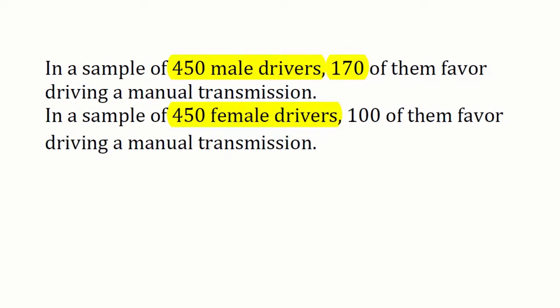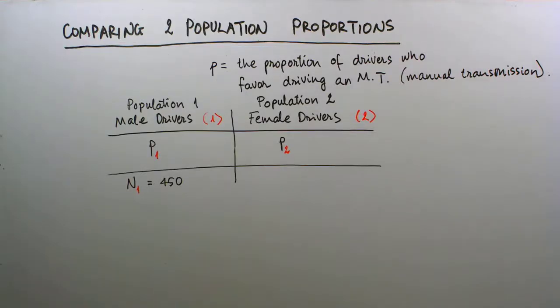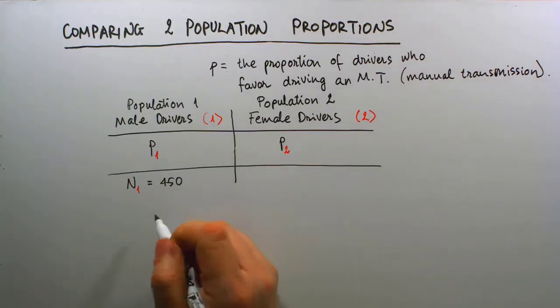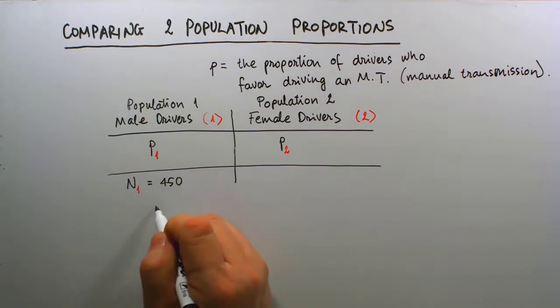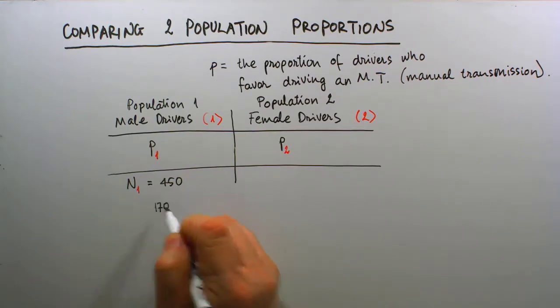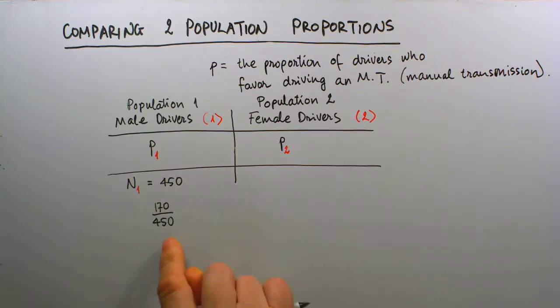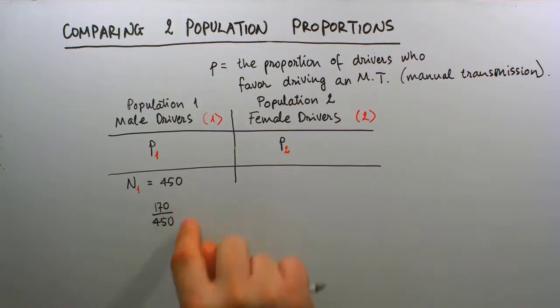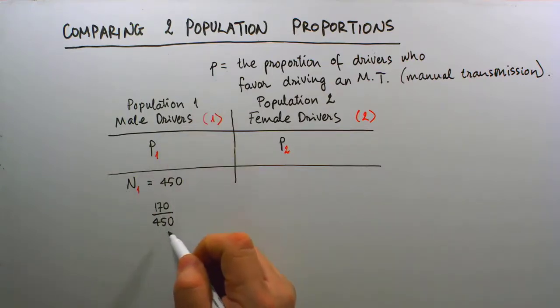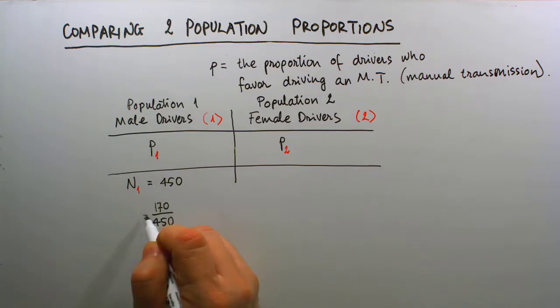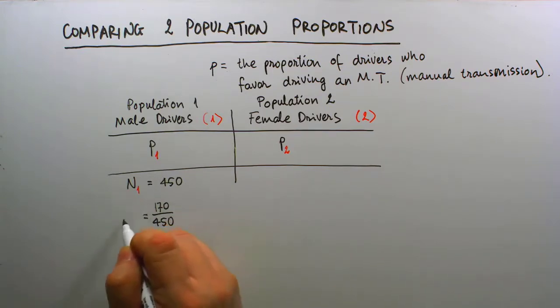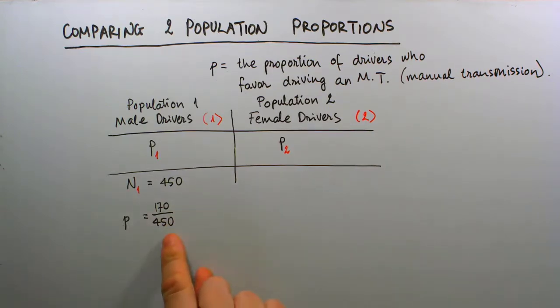But now on my board, and the work is starting to become familiar, if we simply set up that count, that successive count, 170 over 450, our sample size, and of course these numbers are all from population 1, so 170 out of 450 is the proportion of drivers who favor driving a manual transmission.